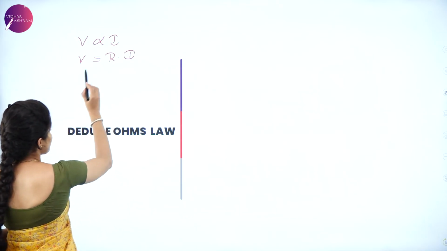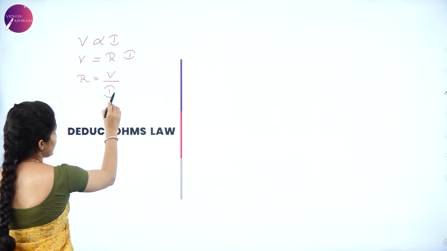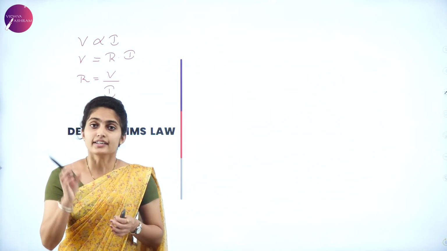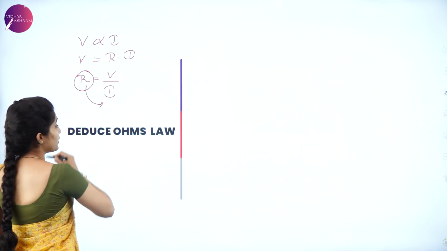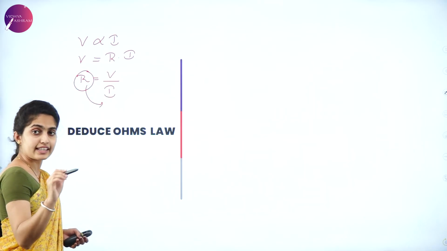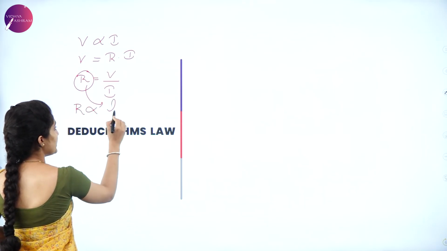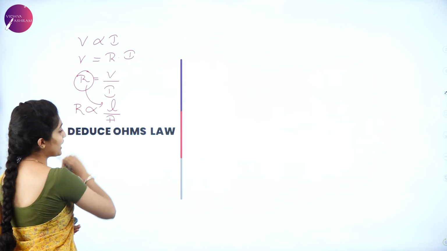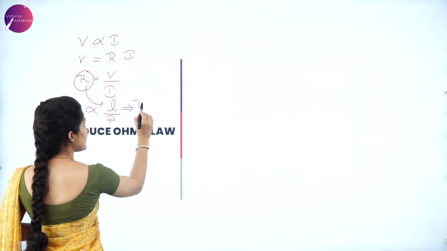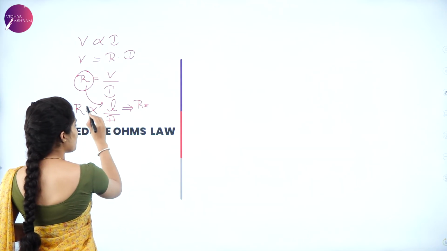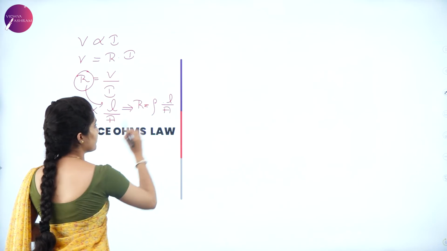So resistance is written as potential V divided by I. And with the help of the first law and second law of resistance, R is directly proportional to length and inversely proportional to the area. Removing the proportionality constant, you get R is equal to resistivity into L divided by A.